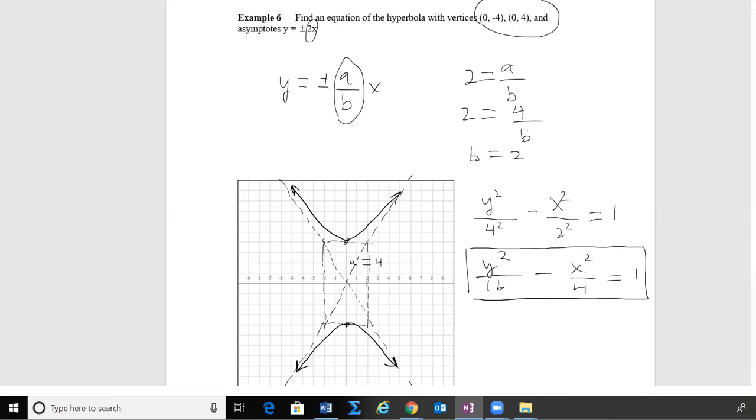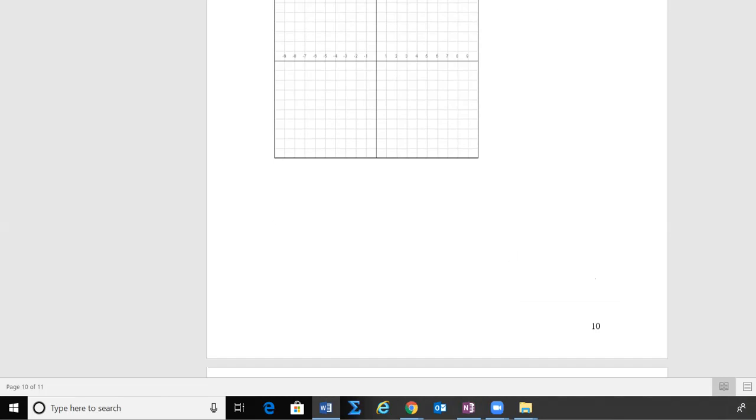I wanted to say something about that last problem with the arc length. Just as a way of reviewing a little bit, there's another example on here. Let me get that for you.